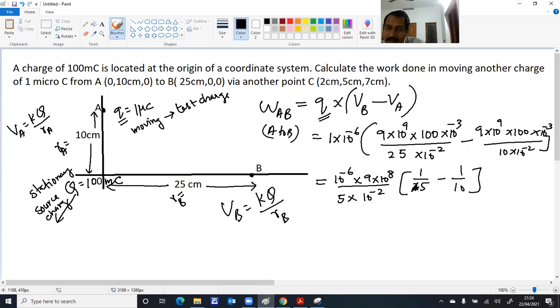This will be 5, this will be 2. 9 into 10 to the power of 8 plus 2, 10 minus 6 is 4 by 5. 5 is again 10 by 2. 2 minus 5 by 10.